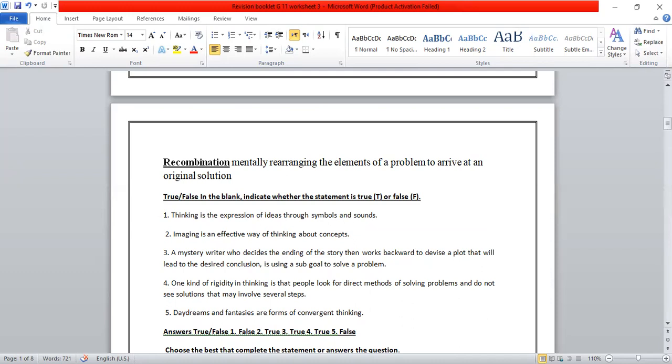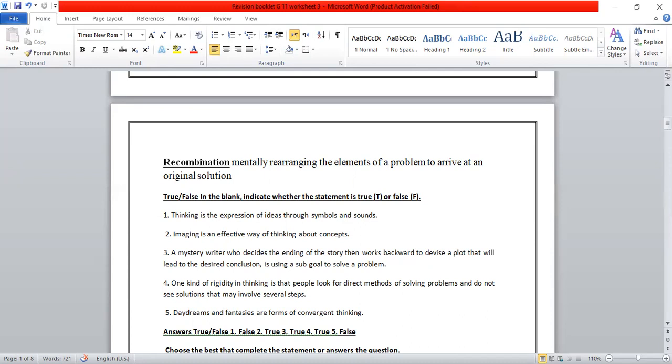So he's thinking backwards by using a sub goal. When you have the conclusion, you think, how does it happen? So you are being flexible, recombining the facts together, rearranging them and thinking outside the box to figure out the plot itself. For example, a man was killed. This is the conclusion, and you're going to find the steps of how he was killed to form the plot of the story.